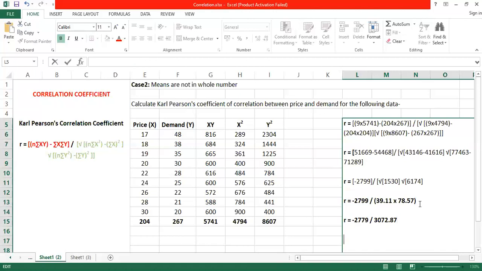So finally, R equals to minus 2799 divided by 3072.87. So it is minus 0.91, right?